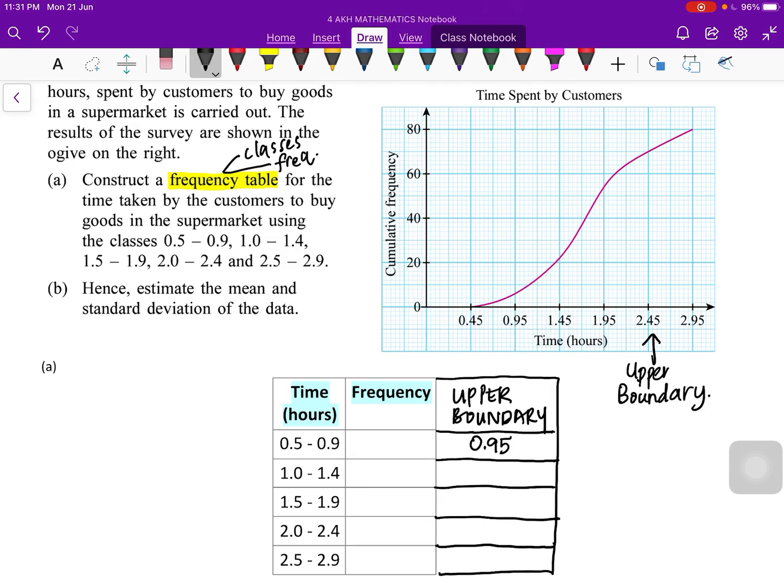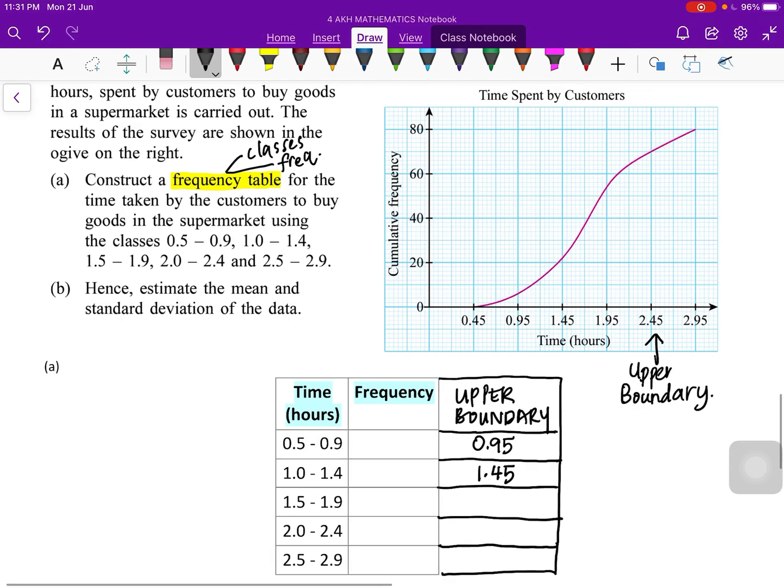Kelas kedua is 1.45. Kelas ketiga, 1.95. The fourth class, 2.45. And finally, 2.95. So you have to look at these points untuk menentukan dia punya cumulative frequency.